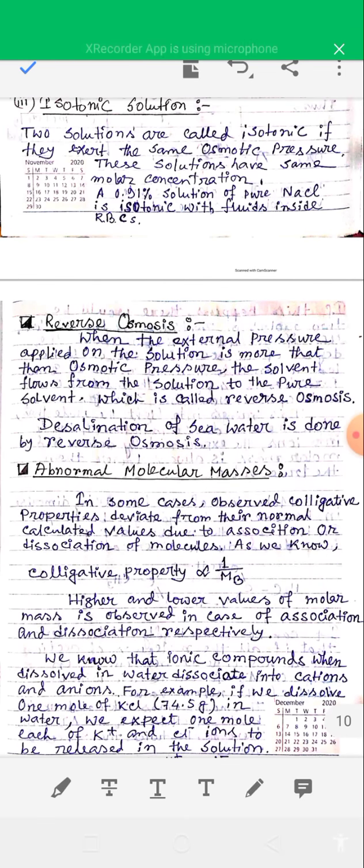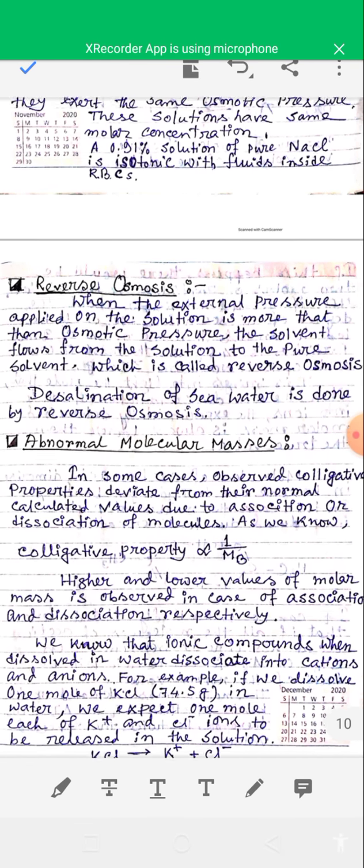Okay, and now see reverse osmosis, just the opposite of osmosis.